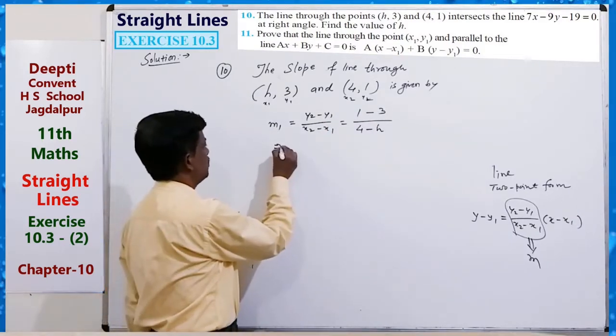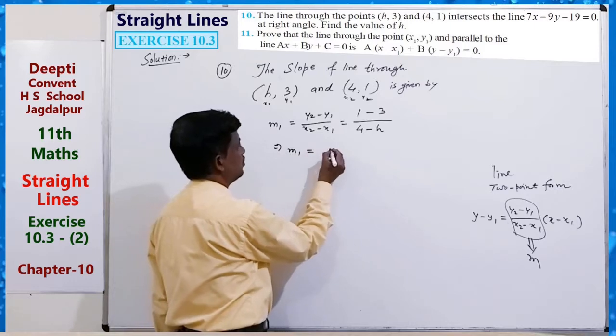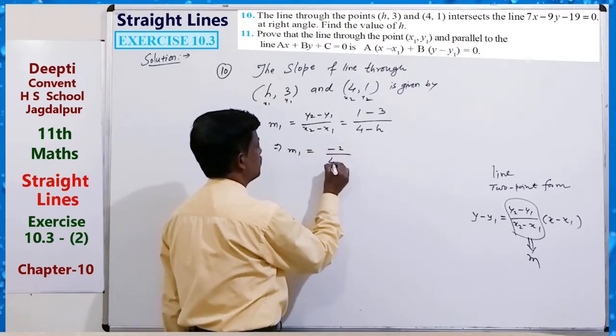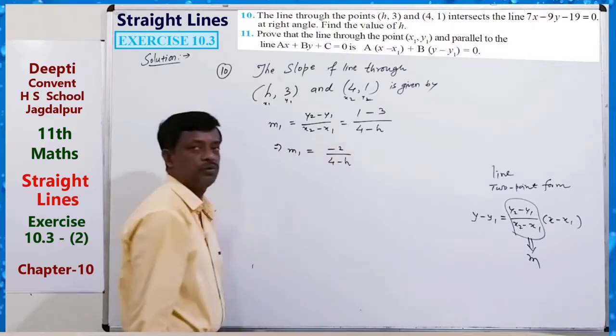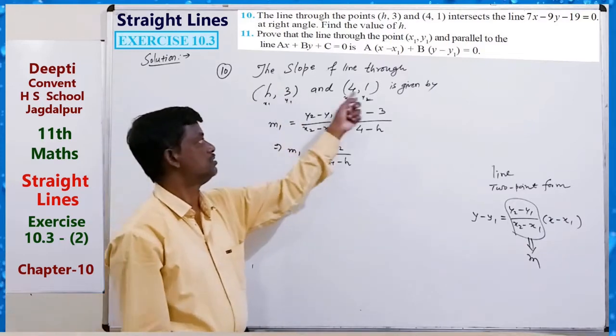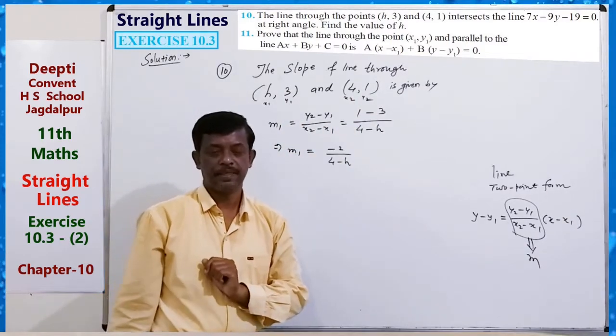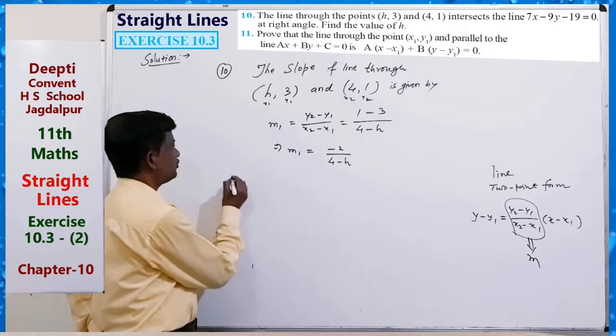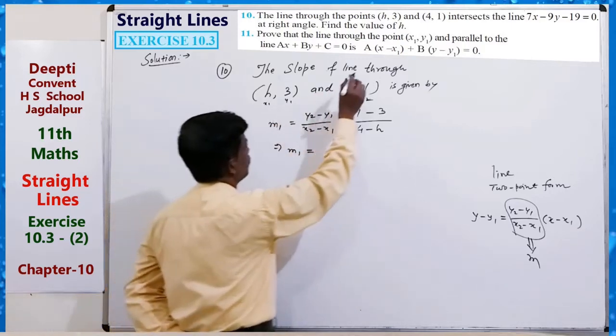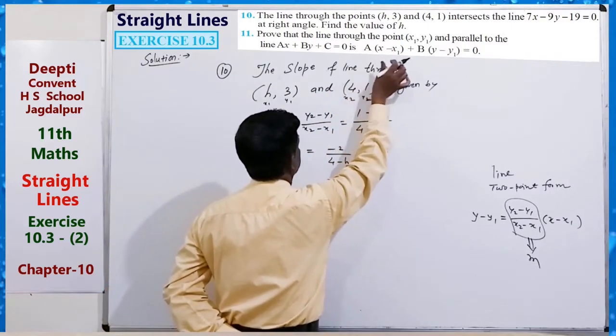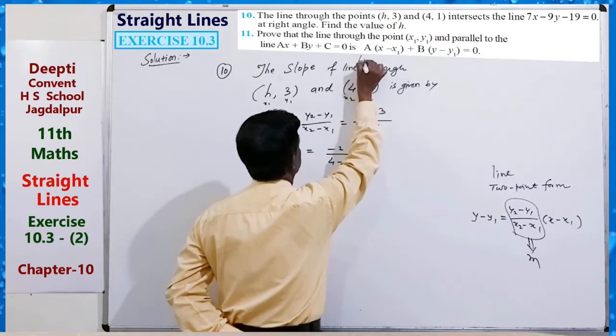So m1 equals minus 2 by 4 minus h. This is the slope of the line L1 through these points.